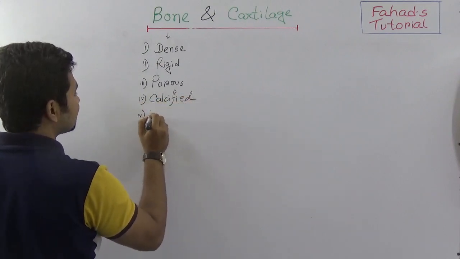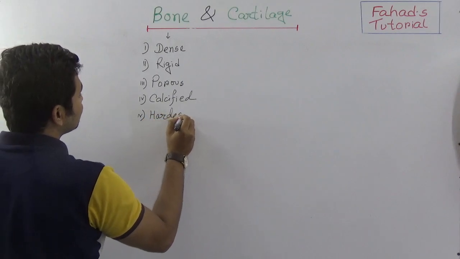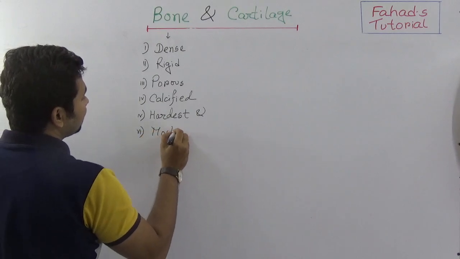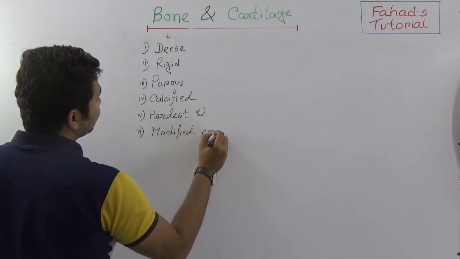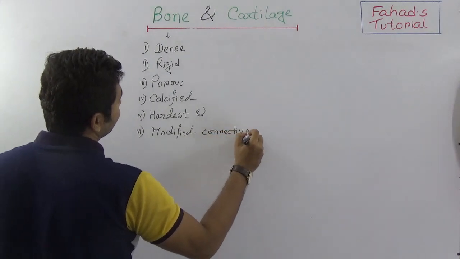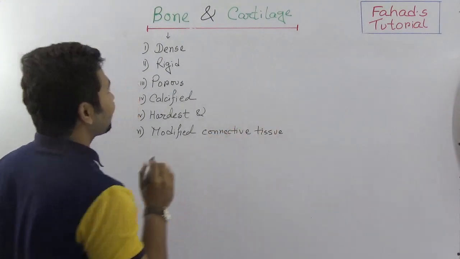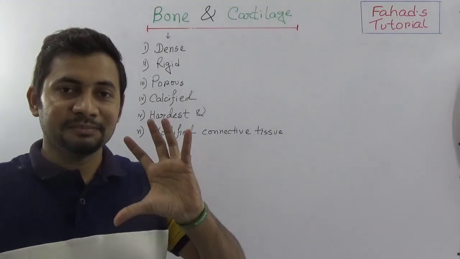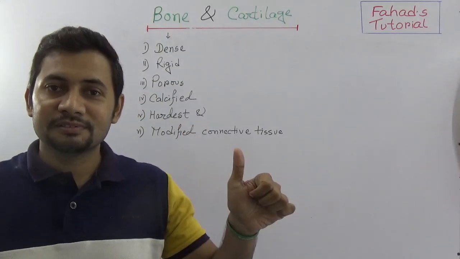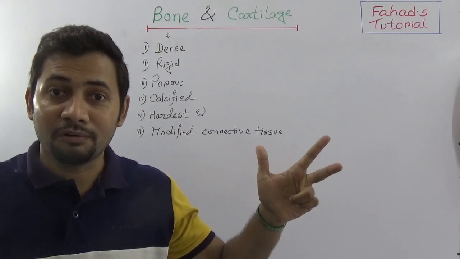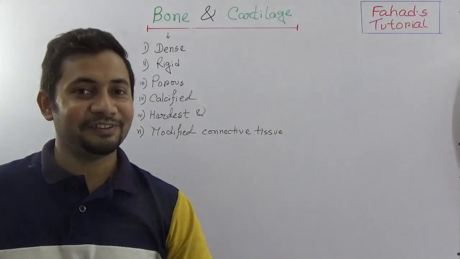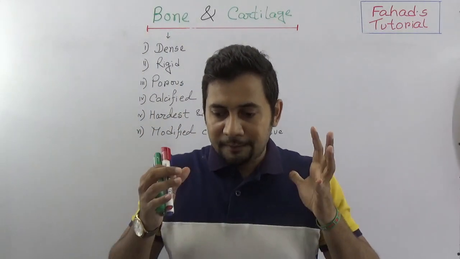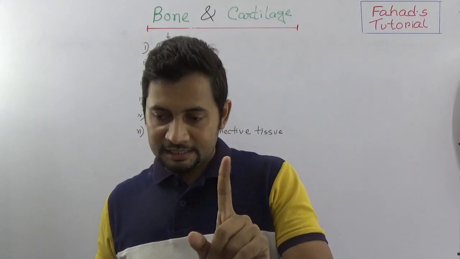We can even say this is the hardest and modified connective tissue. So we can define bone with its characteristics. I have written some points to make you understand simply that bones are dense, rigid, porous, calcified, hardest and modified connective tissue. Next I'm coming to the functions.